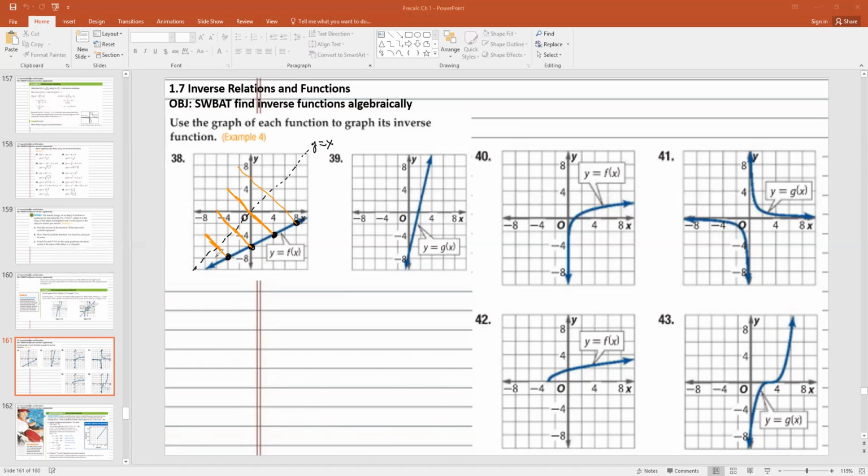So remember to reflect it, it needs to be the same distance. The reflected point, the pre-image and the image need to be the same distance. So this is one space, and this has to be one space.